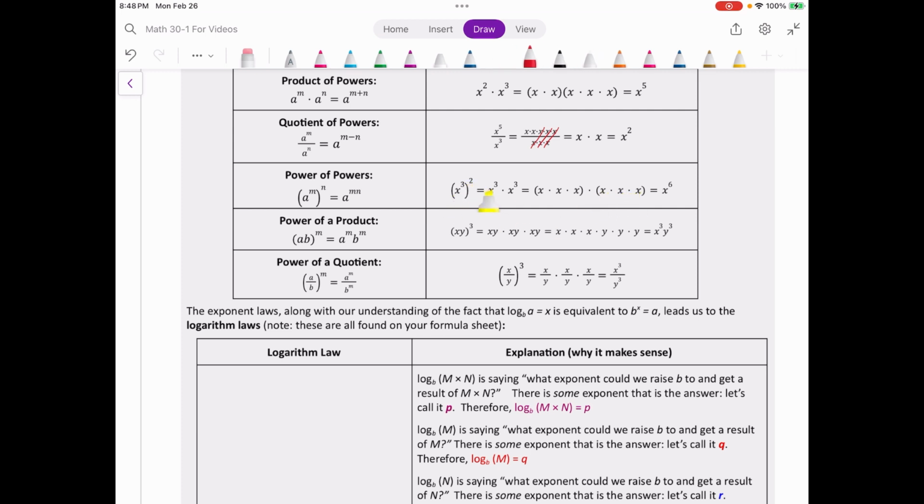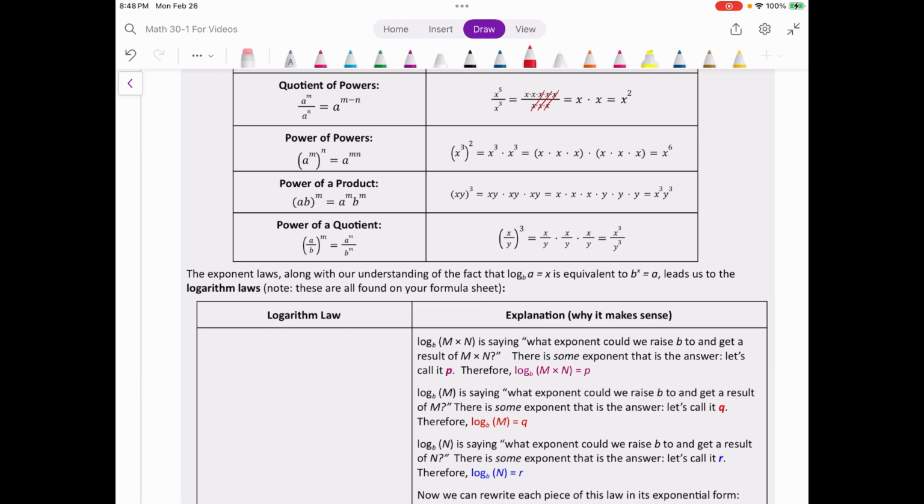So in total, you've got x times x times x, times x times x times x, or x to the power of 6, right? 3 times 2, 6, okay? If this were a 3 instead of a 2, you would have x cubed times x cubed times x cubed. So that would be x times x times x times x times x times x times x times x times x, which is x to the power of 9, right? 3 times 3. So that one makes sense.